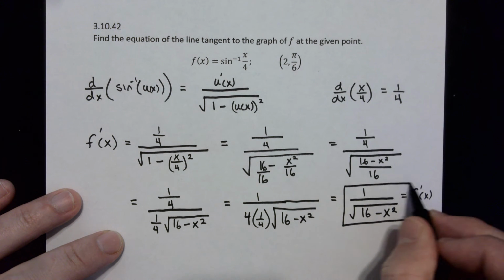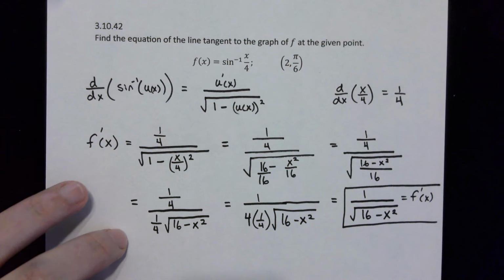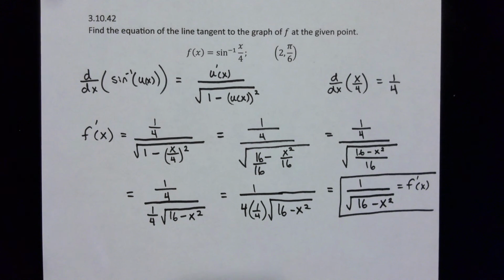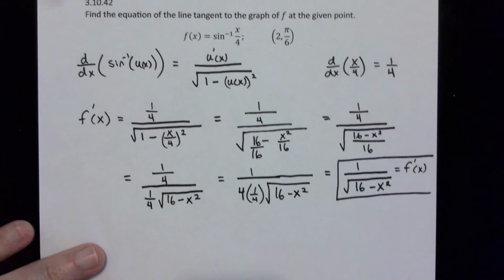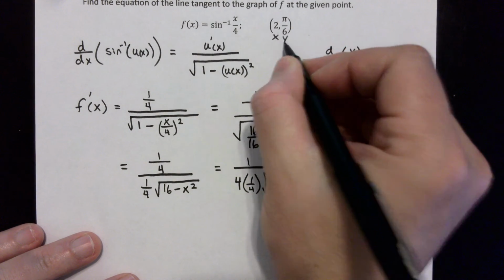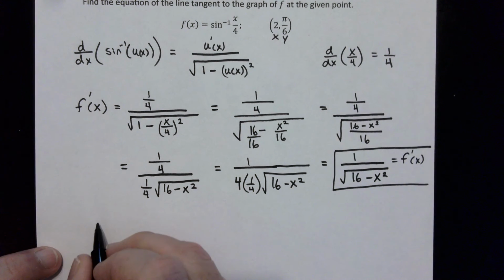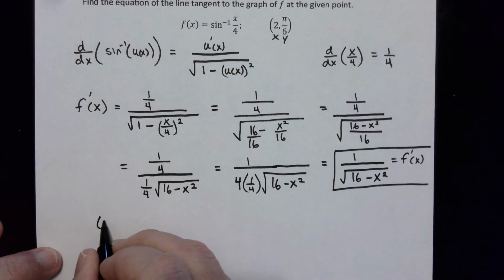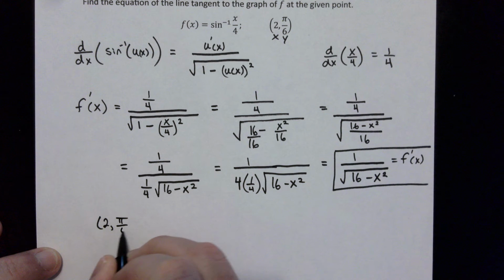Okay, so it didn't say find the derivative only, it said find the equation of the line tangent. Okay, so in order to do that, we need 3 things. We need an x and a y, which we're given. This is x, this is y. Okay, so we have 2 and pi over 6. We also need a slope.